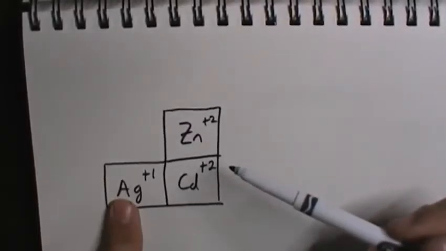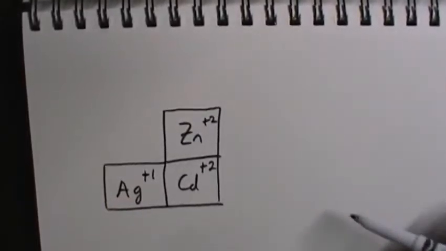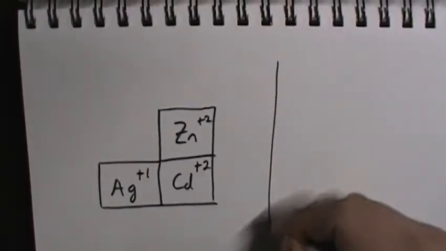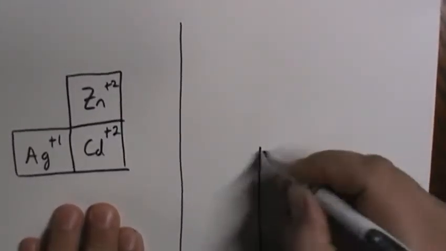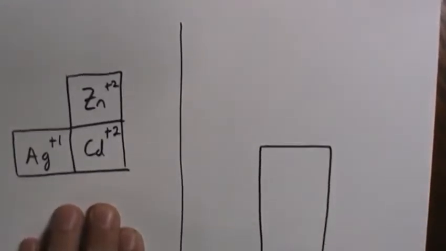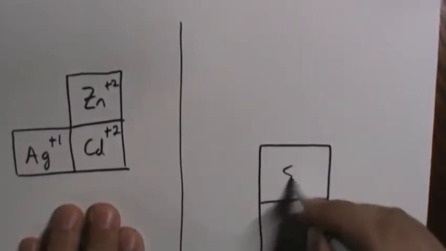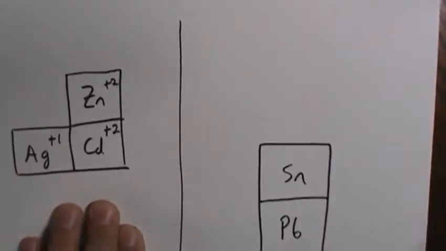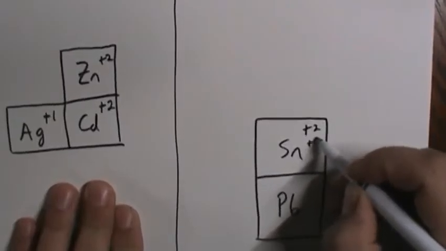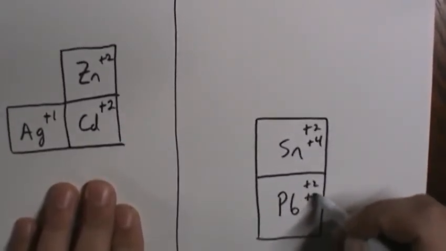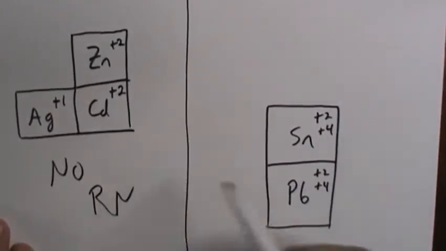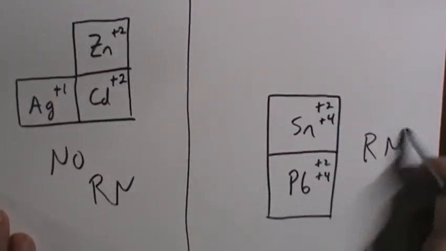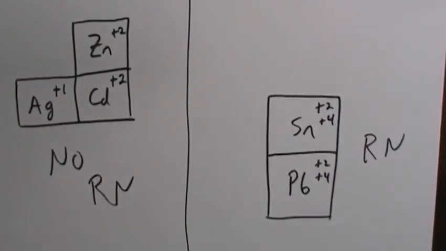The 1 by itself, +1. The exceptions for the regular metals, the representative metals that act like transition metals, are tin and lead. Which can have +2 or +4 oxidation states. So, no Roman numeral, Roman numeral. And that concludes this tutorial video.